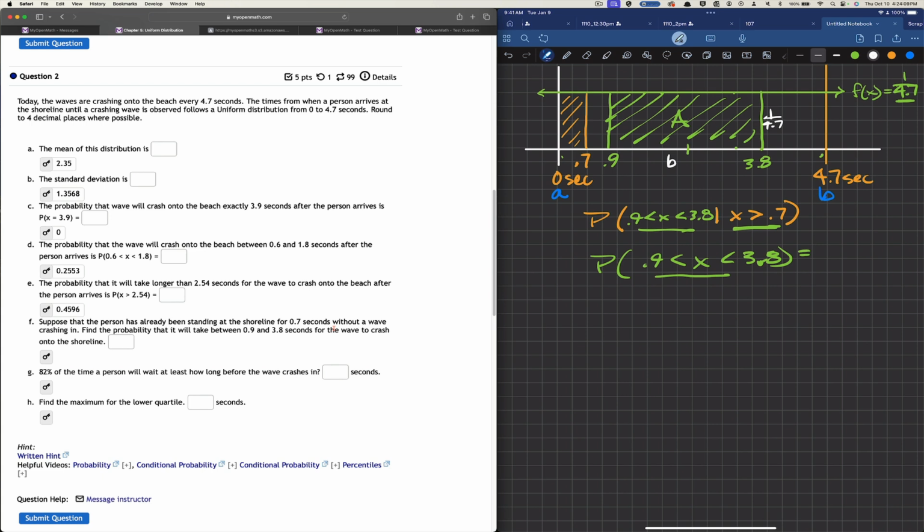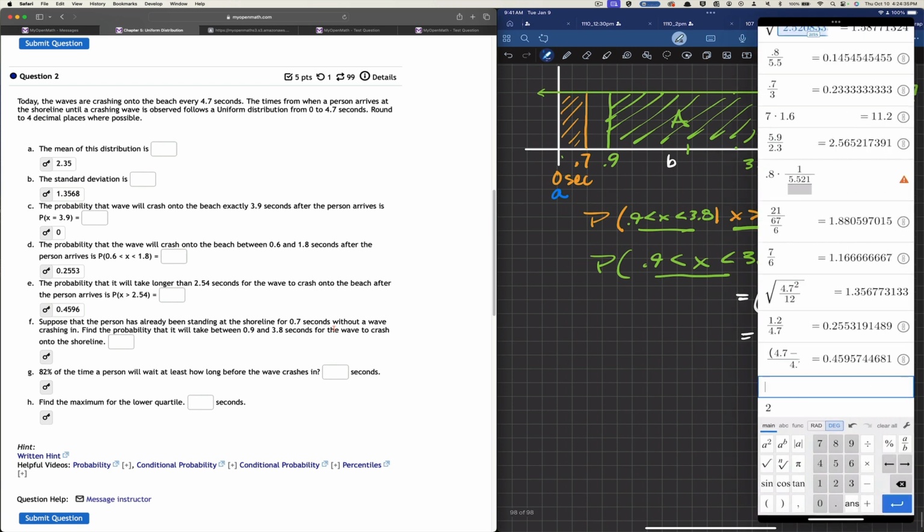So the probability of that is equal to the area of that rectangle, and that's going to be base times height. So that area is going to be 3.8 minus 0.9 times the height, which is 1 over 4.7, which is 2.9 divided by 4.7.